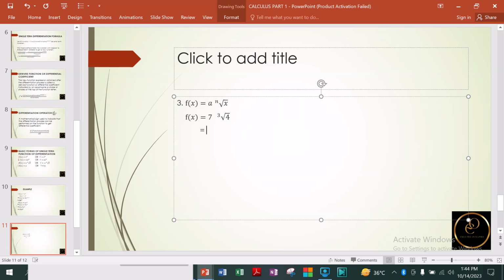You're going to say this is the same as 7 multiplied by the third root of 4, which is the same as saying 4 raised to power 1/3. So 4 raised to power 1/3.